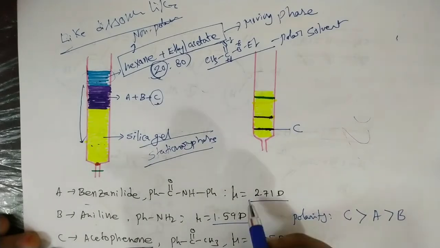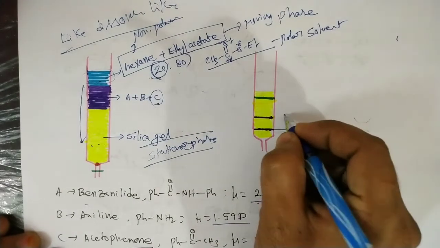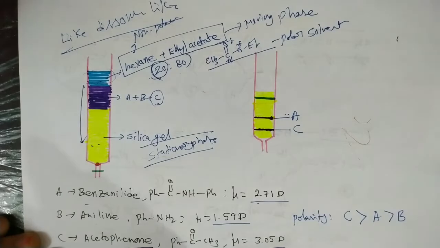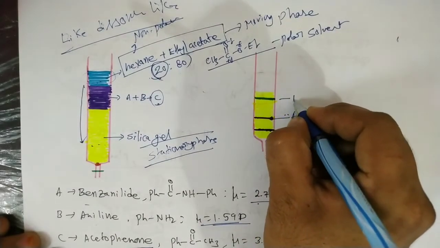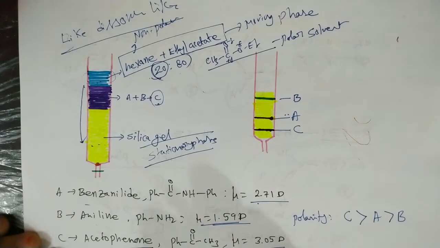Next is the polarity 2.71, that means benzylamide, compound A, and the least polar, B, moves slowly, because the more polar compound moves first with the more polar solvent.